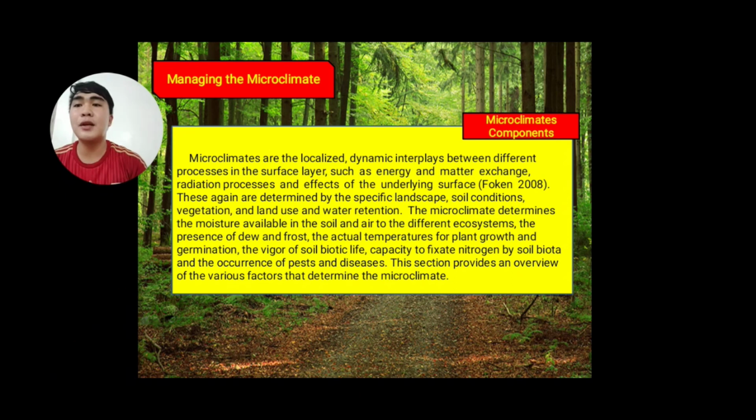The microclimate determines the moisture available in the soil and air to the different ecosystems, the presence of dew and frost, which is the freezing or permafrost of the surface, and whether the area has more plants or forest vegetation. It also affects the capacity to fixate nitrogen by soil biota and the occurrence of pests and diseases.